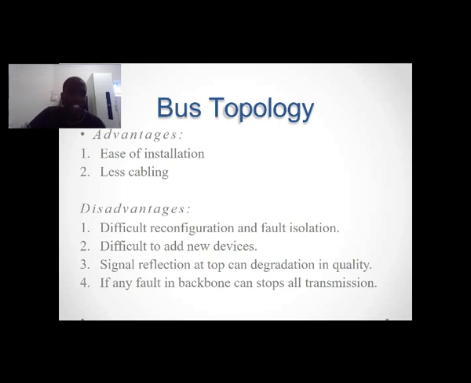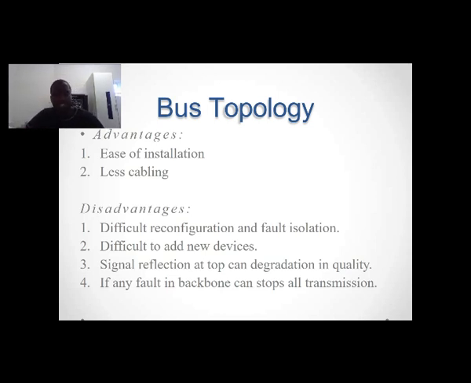Now, what are the disadvantages of using this type of network? The major one is difficult reconfiguration and fault isolation. Here we are saying that because we are using many cables to connect to the main cable, if there is a fault in this network, it's very difficult to point out where exactly the problem is, because any of those parts of the network can actually disturb the entire network, right?